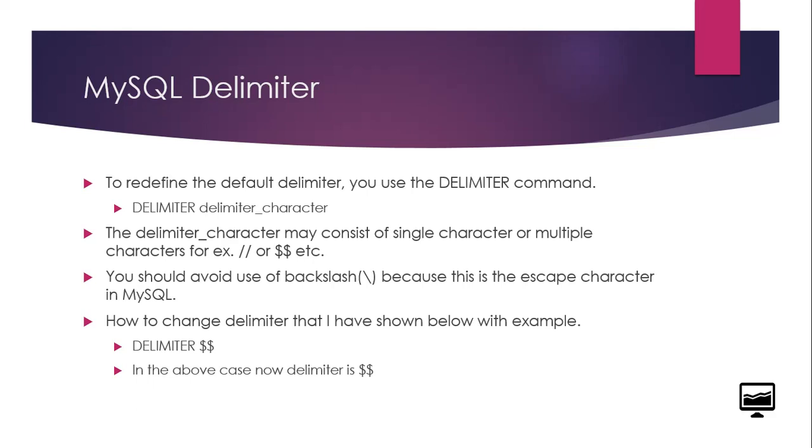So again I am going to tell you that you must change the delimiter before the stored procedure. We will see this in the later part of this session when we write our stored procedure.